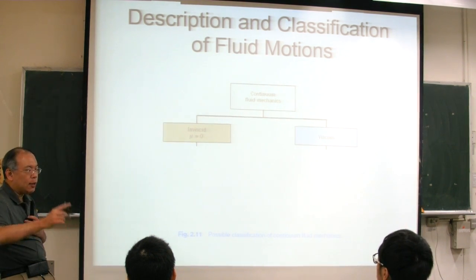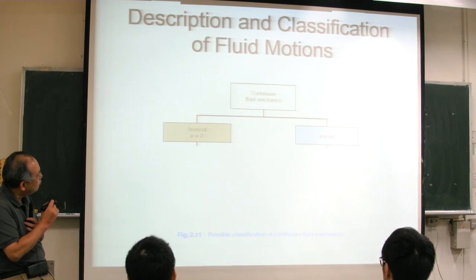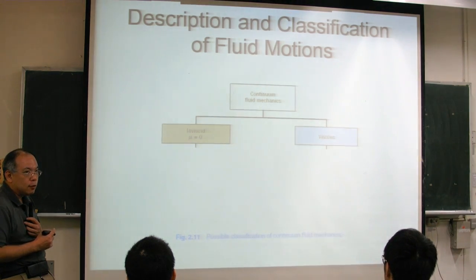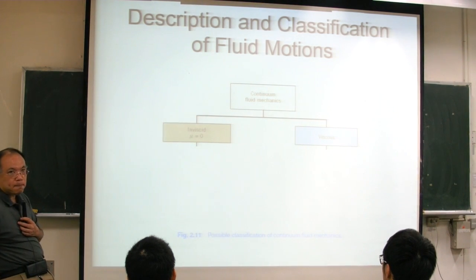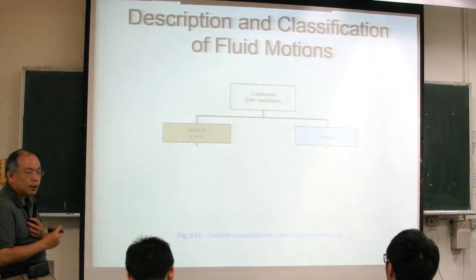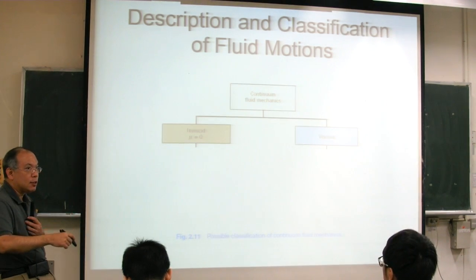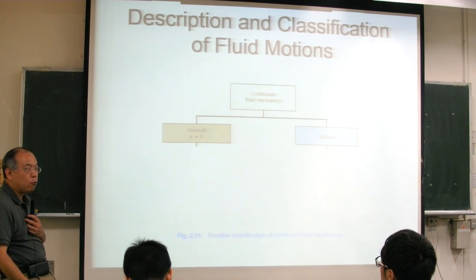So all traditional fluid mechanics is based on continuum fluid mechanics. 连续流体或连体力学。So based on the continuum assumption, we can define the density, right? Density is a function of x, y, z, t.